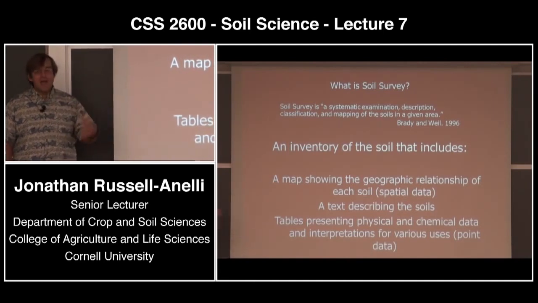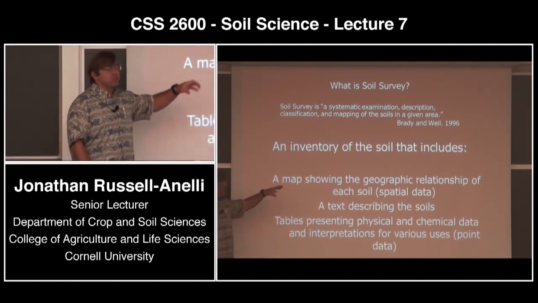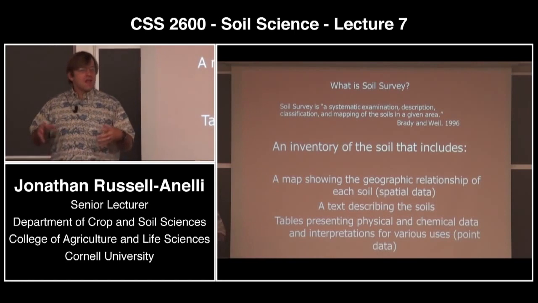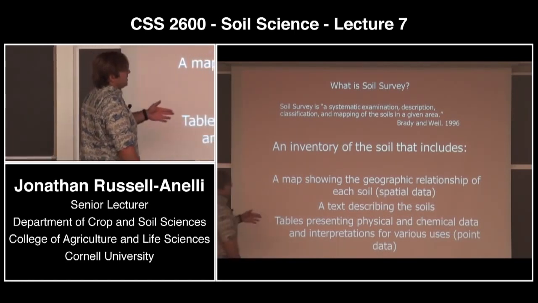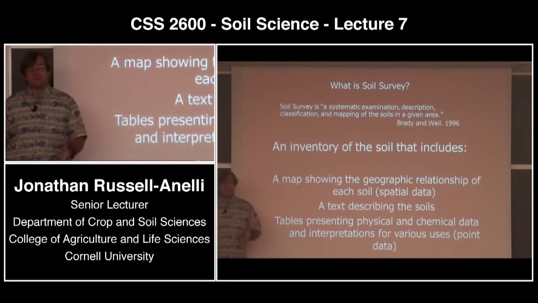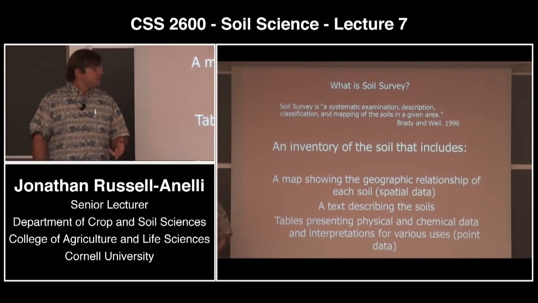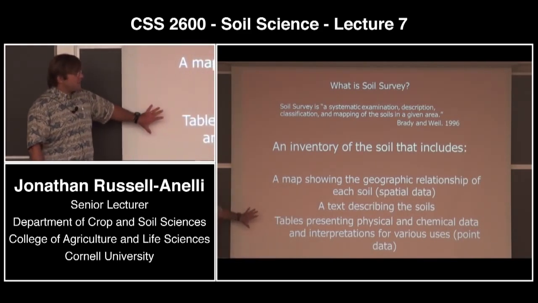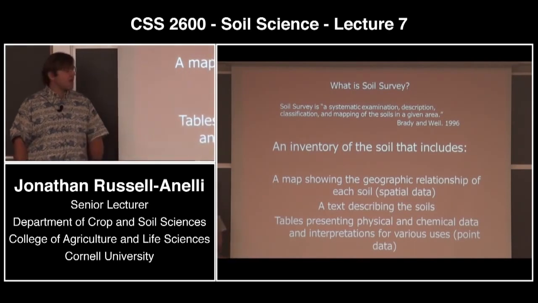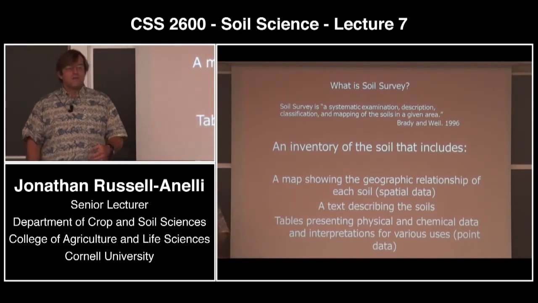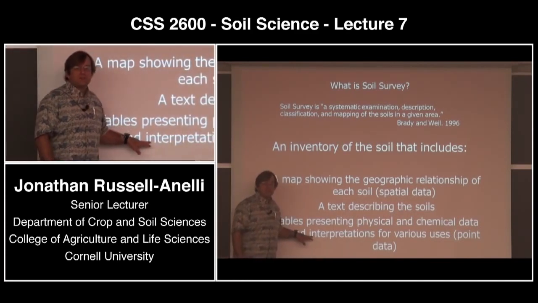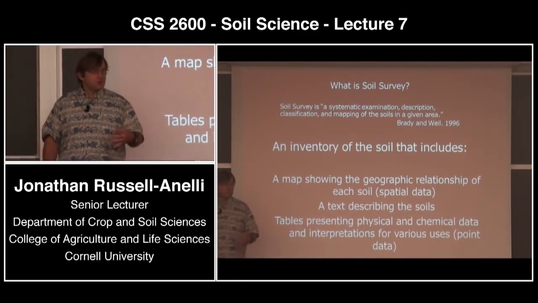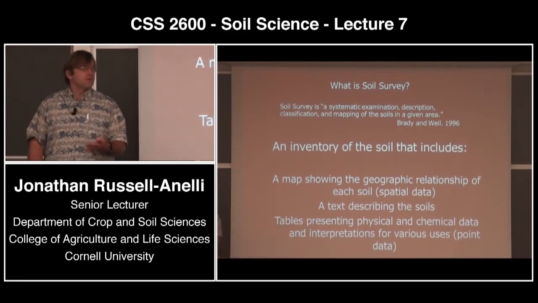One is a map showing the geographic relationships of each soil, where they are and how they are positioned in space. Okay? The second thing is basically a text describing those soils. The third thing is basically a table of physical and chemical data for those soils. And then finally, an interpretation for the various uses. Okay, those are the 4 big things that we have in soil survey.